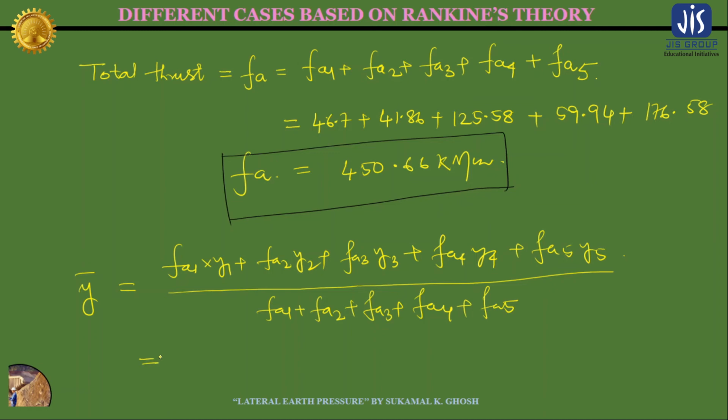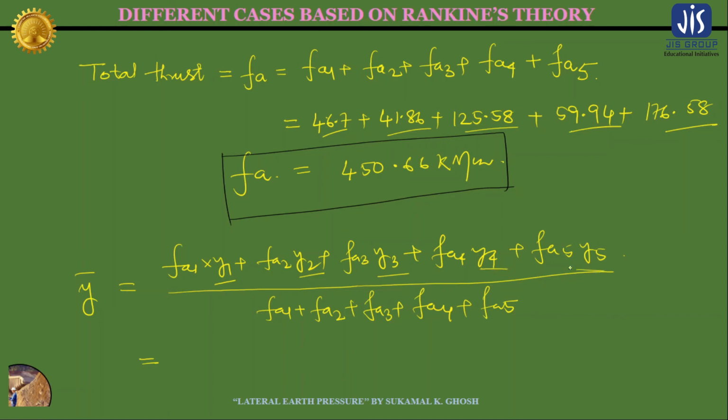So if you put all the values here, for Fa1 the value is 46.7, for Fa2 the value is 41.86, for Fa3 the value is 125.58, the value of Fa4 is 59.94 and the value of Fa5 is 176.58. In the same way, the value of y1 is 5 meter, y2 is 7.33, y3 is 3 meter, y4 is 2 meter and y5 is 2 meter.